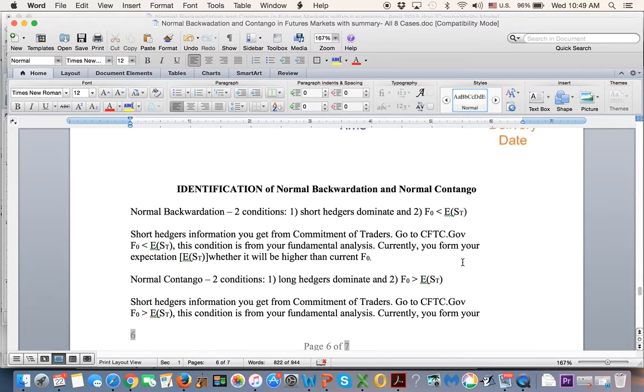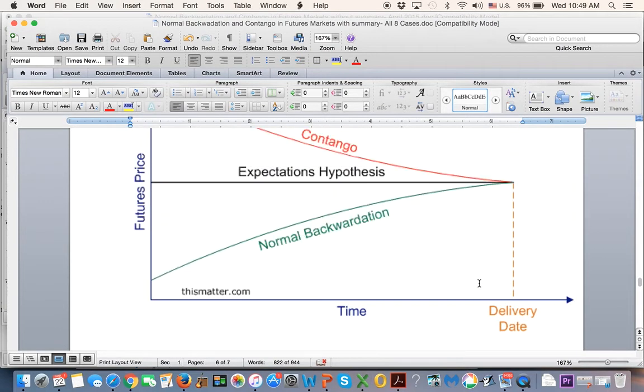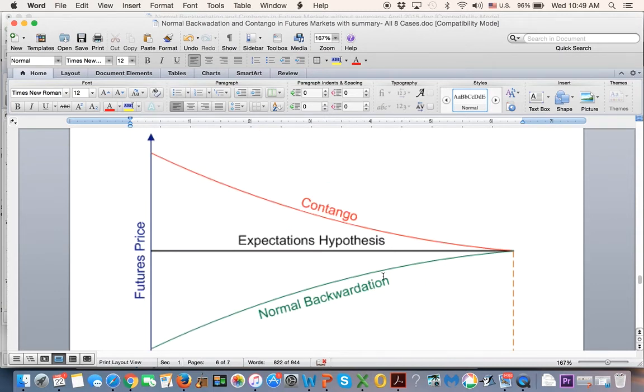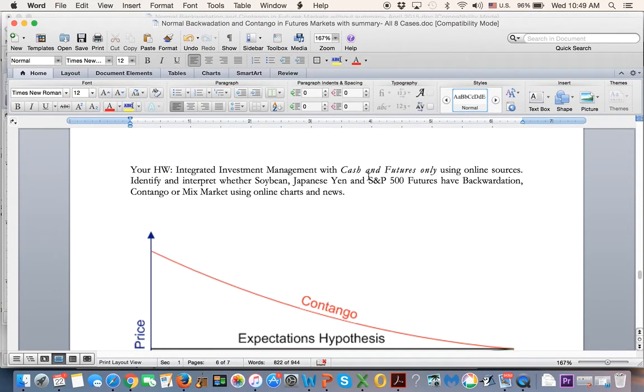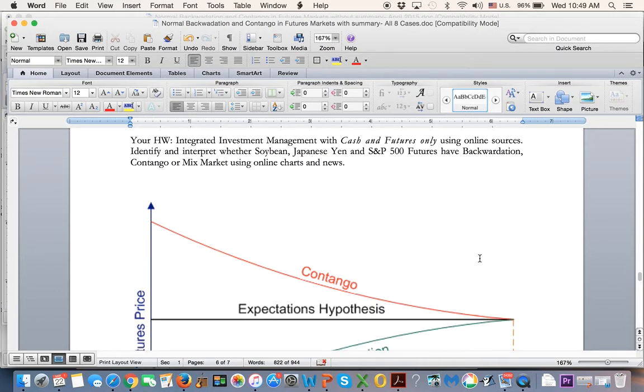And then you go for other ones, like long hedges dominate, or this is greater than that. So I hope that clarifies. Again, your homework is to look at cash and futures only, and then you do this, so you get this chart, and then you identify them as normal backwardation or normal contango or mixed market.